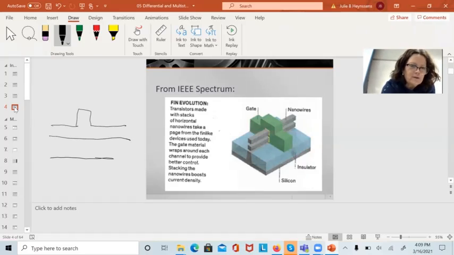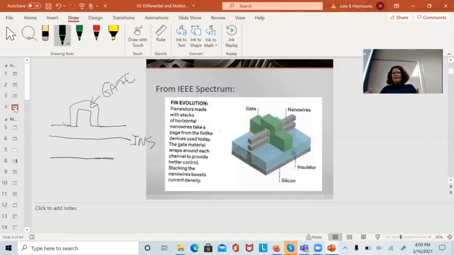So now this is insulator. And this is the gate, in case you didn't catch that verbally. And now I've got a capacitor, we're wrapping our poly around that. We've got an effective gate width that's 3 dimensions of the transistor.